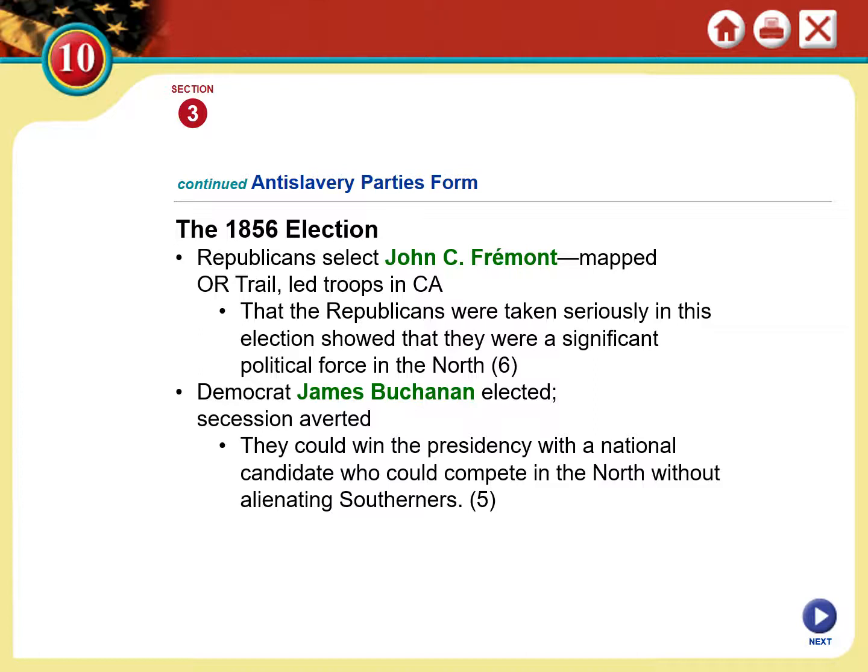He would not condemn it like the Republican Party was. And so the South was willing to accept Buchanan as their president. In fact, some consider him one of the worst presidents we've ever had. But perhaps the only thing he was famous for was being able to not upset the southern states.